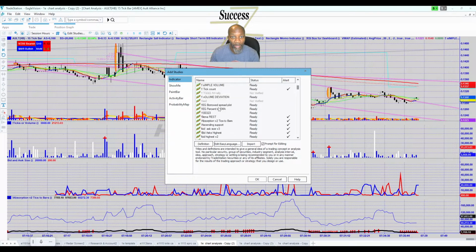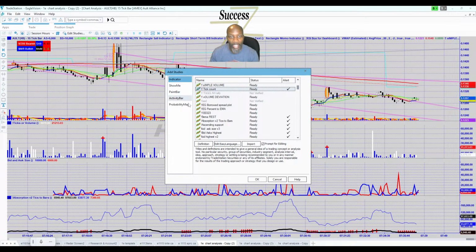Ticks or volume, tick count. Okay, so I should really put this as just one exclamation mark so that I can find it. I need to retitle a bunch of these so that they're easier to find. Since I've been doing this for several months, I've changed not the algorithm, but the nomenclature for labeling and titling these things.